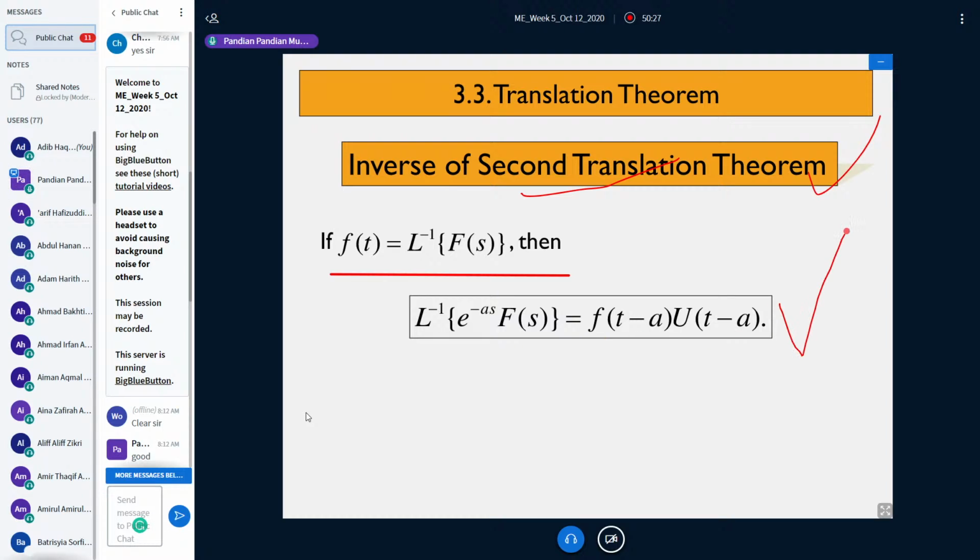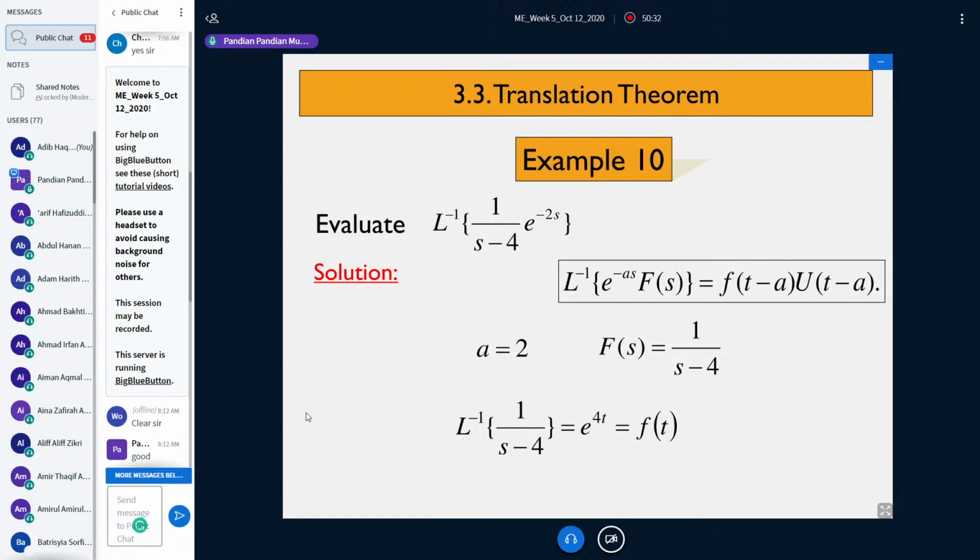So this is a very famous formula. We want to use this formula to find inverse Laplace of 1 over s minus 4 times e power minus 2s. That means you are changing the s domain to the t domain. So in this case, you see here, this e power minus as is u(t minus a), and F(s) is the Laplace of f(t minus a).